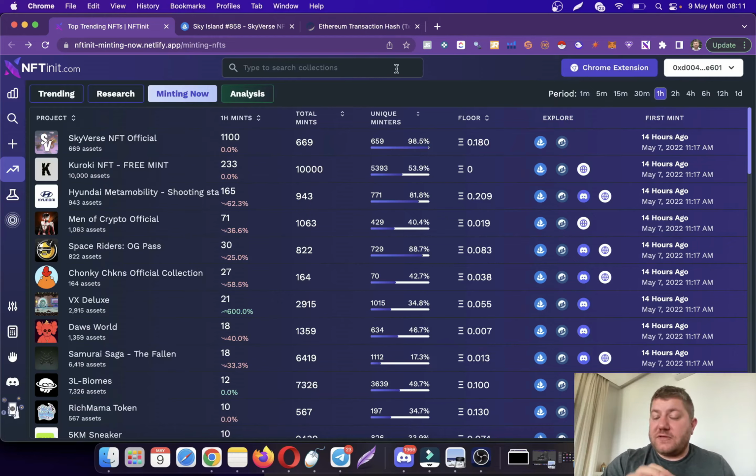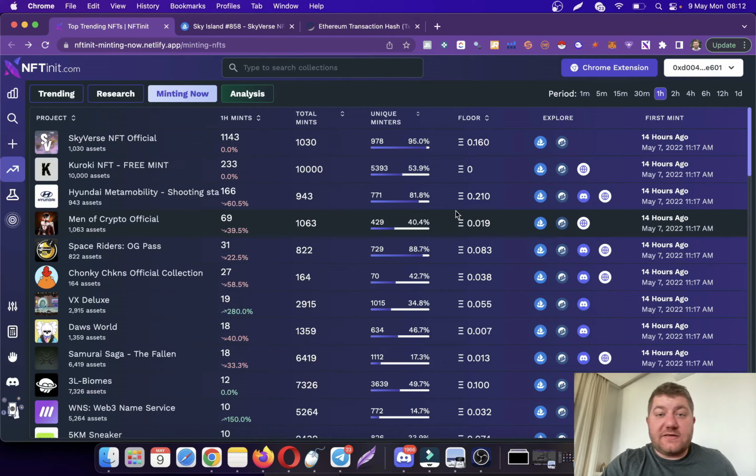There are a couple of important things here to be sure about. First of all, unique minters is extremely important. One of the reasons for that is there are so many fake mints going on. The most important things are probably the unique minters and the total mints.